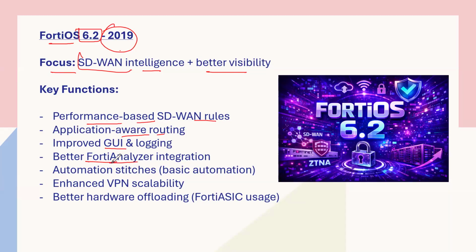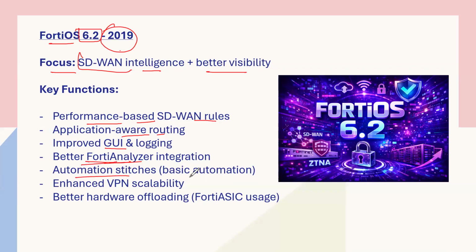Now, what is FortiAnalyzer? That is responsible for analyzing the traffic. Correct? Like we have different tools such as SolarWinds, why do we use that? For monitoring purposes, for analyzing purposes. Same as we have FortiAnalyzer integrations. So with the help of this, you can analyze the traffic.